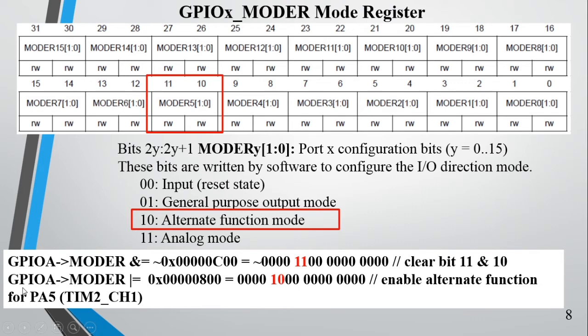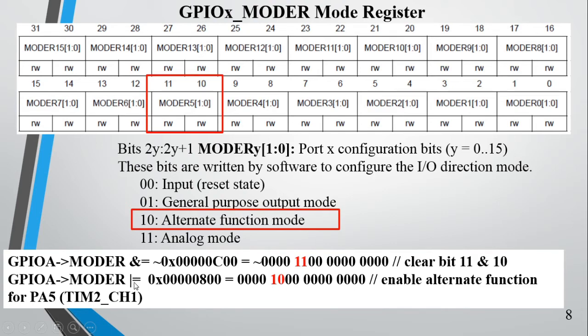How will you do that? GPIOA MODER AND equal to tilde of 0xC00 means bit number 10 and 11 are cleared. And in the next step, OR equal to 0x800 means bit number 11 is 1, 10 is 0. 1, 0, 0, 0 means it is 8. So here bit number 10 is 0, 11 is 1.